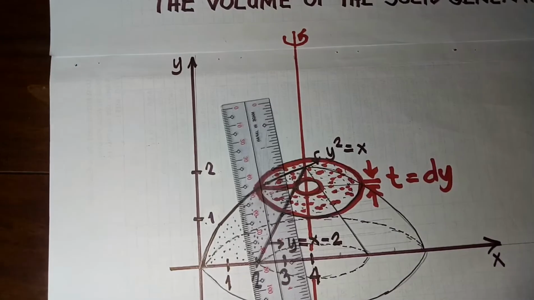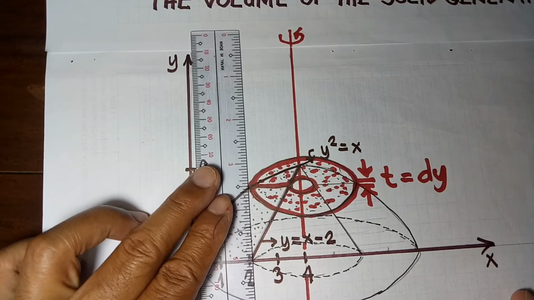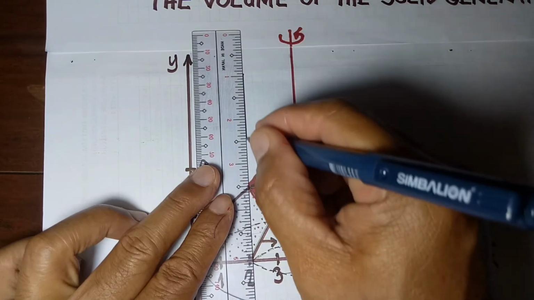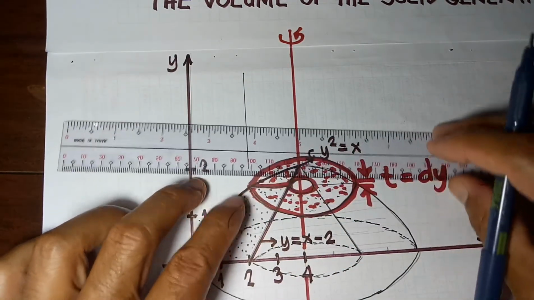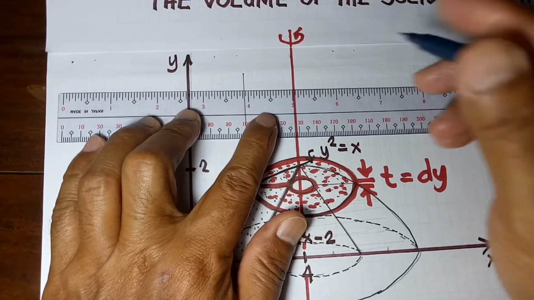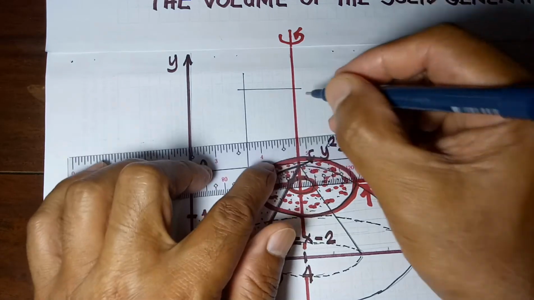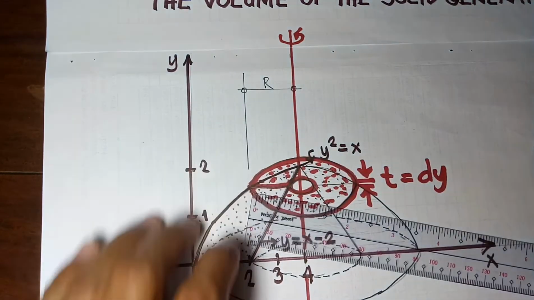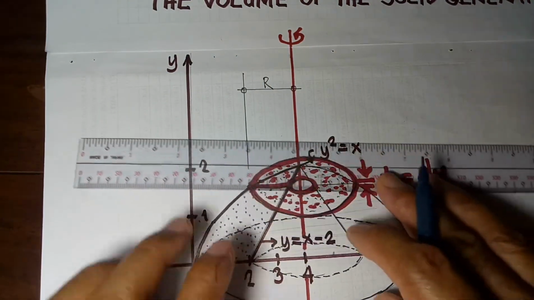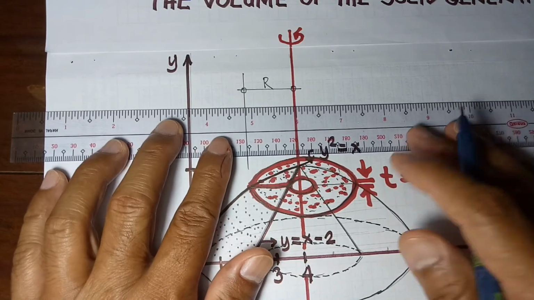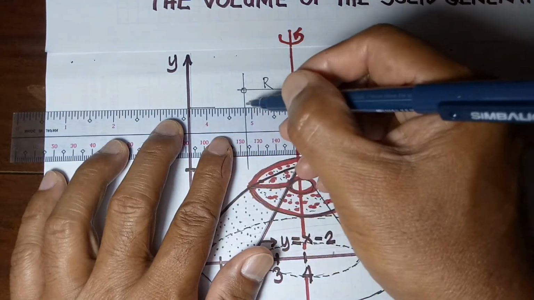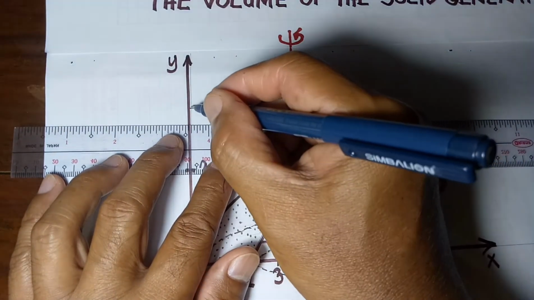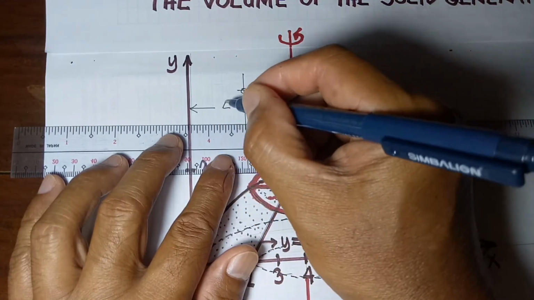So, this distance, no? Itong distance na ito, buhat dito, hanggang sa axis of rotation, ito yung ating capital R or outer radius R. So, ito yung ating R, outer radius R. Ngayon, yung distance na ito, nagbuhat dito sa y-axis, hanggang dito sa axis of rotation, yan ay 4 units.